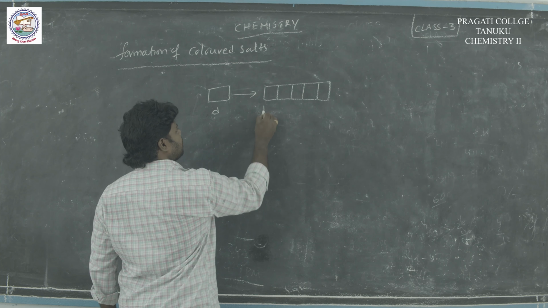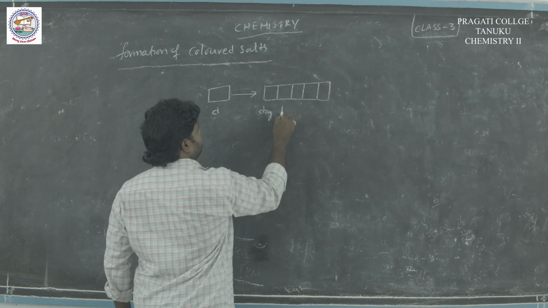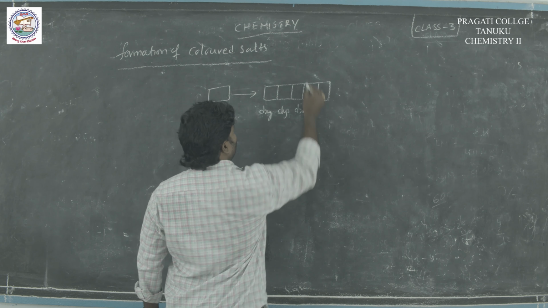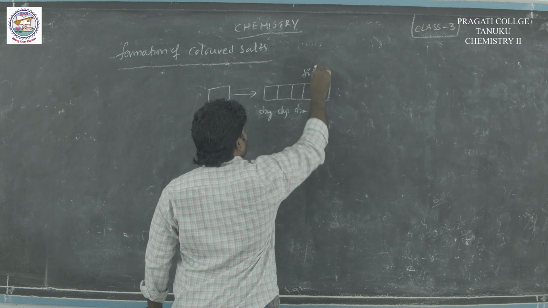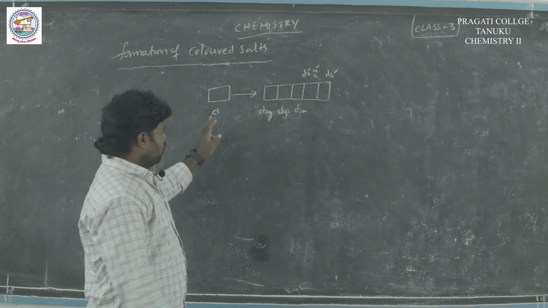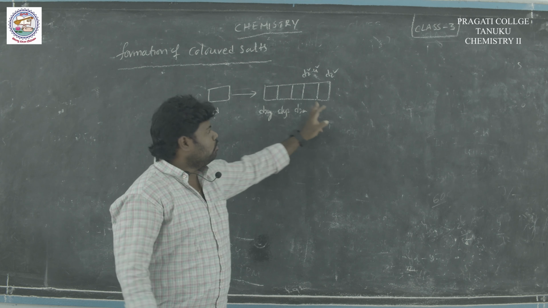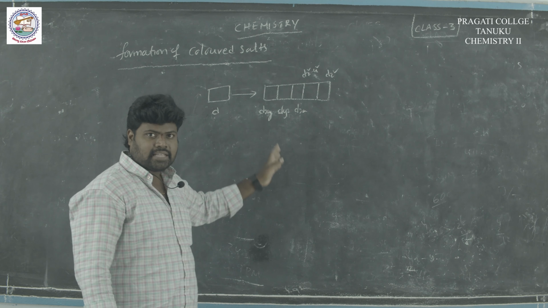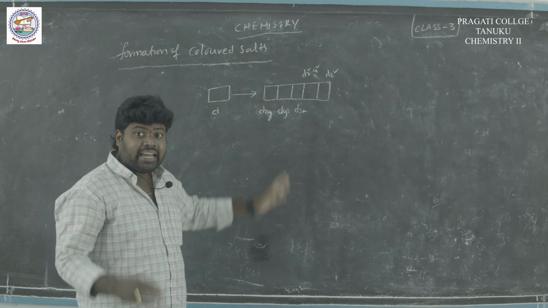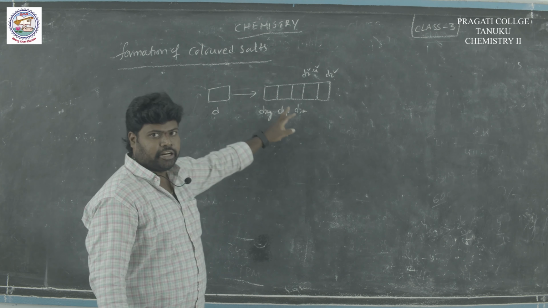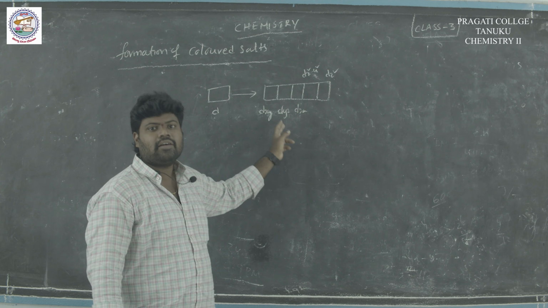These orbitals are dxy, dyz, dzx, and the remaining two, dx square minus y square and dz square. Totally 5 orbitals. One d orbital is split up into 5 d orbitals. These are called degenerate orbitals.